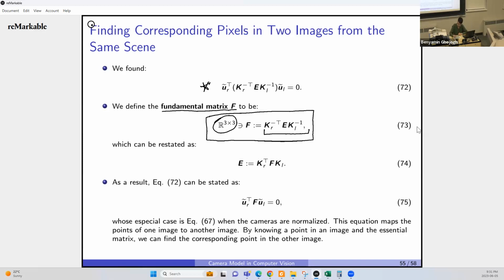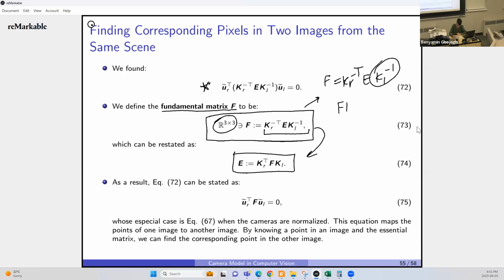Okay. You can restate this as this. E equals KR transpose F KL. Why? Prove. We have this KR inverse transpose E KL inverse, this is F, right? This is a pain in the neck. Right multiply KL.